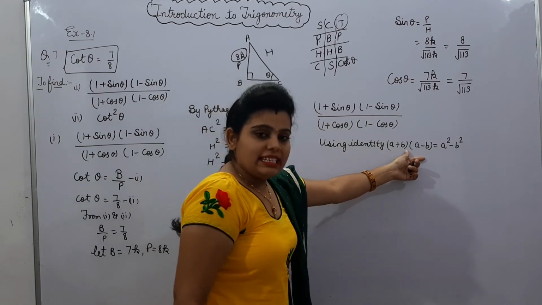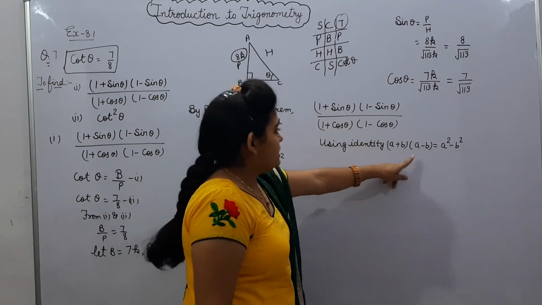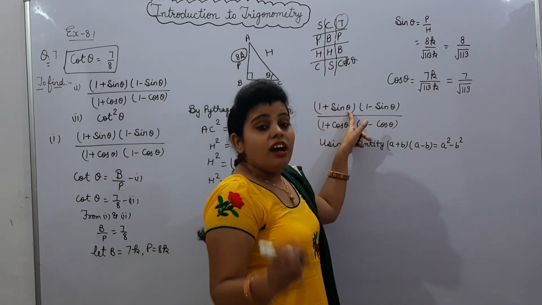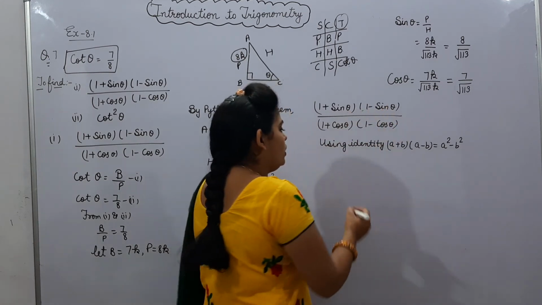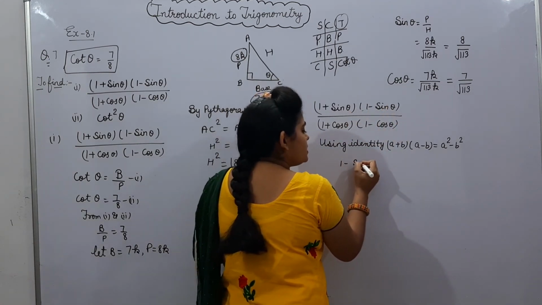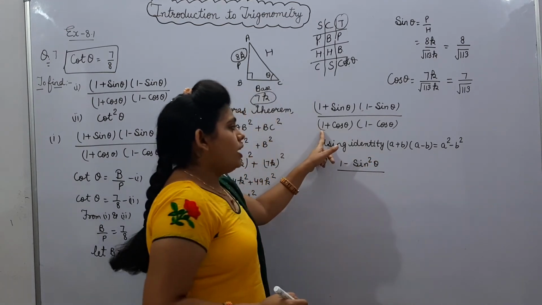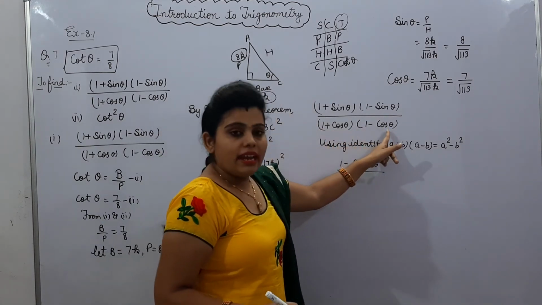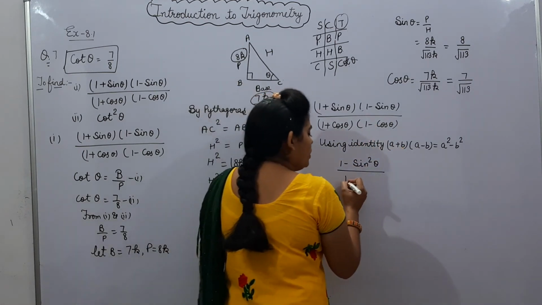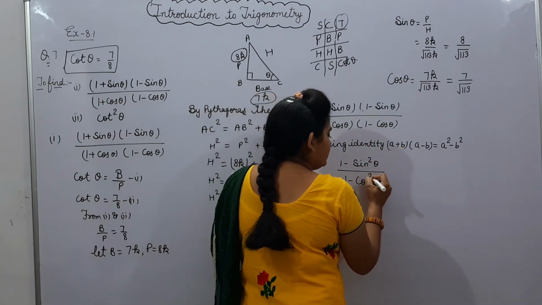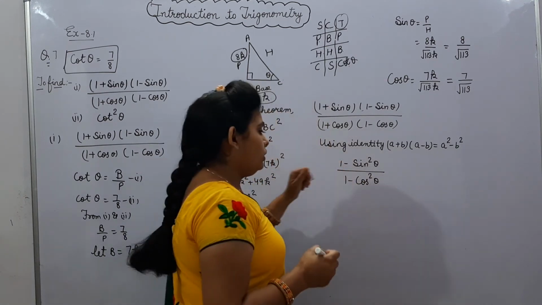We will use this identity here. According to this identity, (1 + sin θ)(1 − sin θ) equals 1 − sin² θ, and (1 + cos θ)(1 − cos θ) equals 1 − cos² θ.